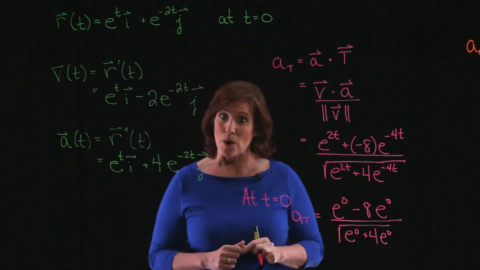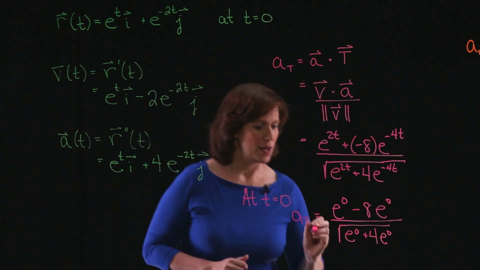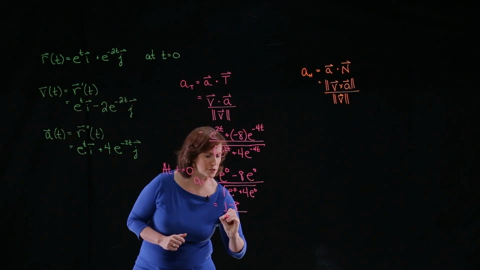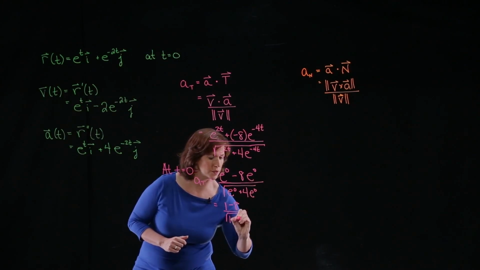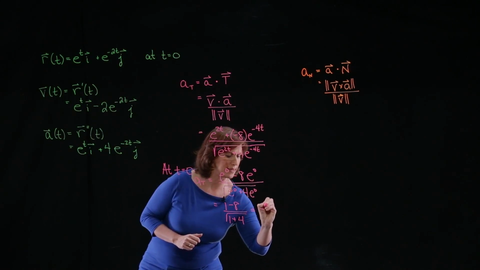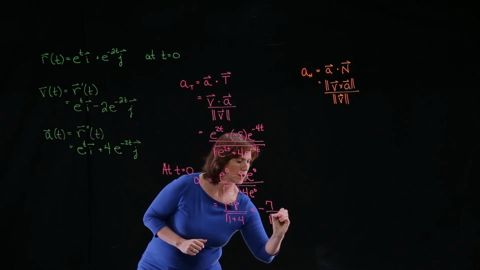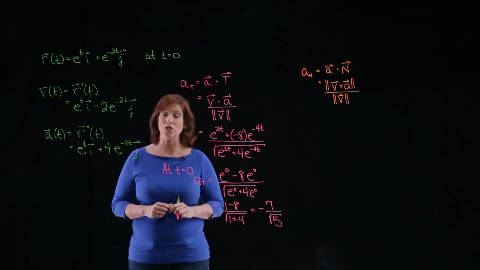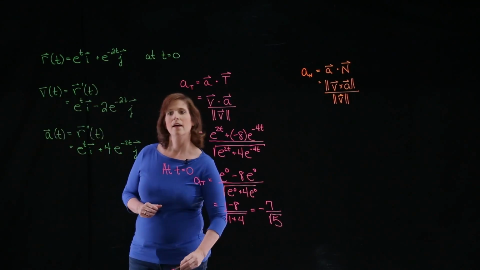Now remember what e to the 0 is. e to the 0 equals 1. So I end up with 1 minus 8 all over the square root of 1 plus 4, or a minus 7 all over the square root of 5. And then that's the tangential component of acceleration.